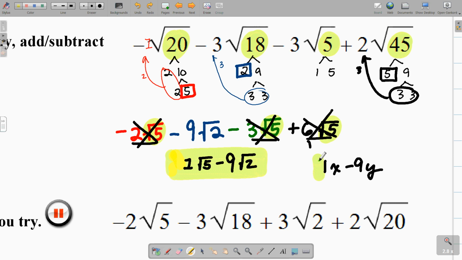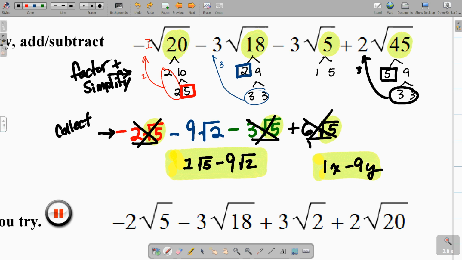All right, welcome back. Ready? Let's double check and see what you did here. So the 5, you can't do anything with it because it's a 1 and a 5. So I'm just going to bring that down. I have negative 2 root 5. I'm going to break this down.